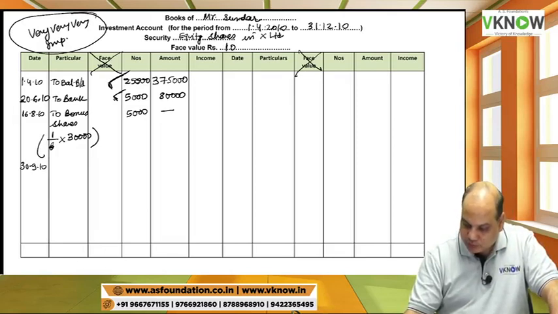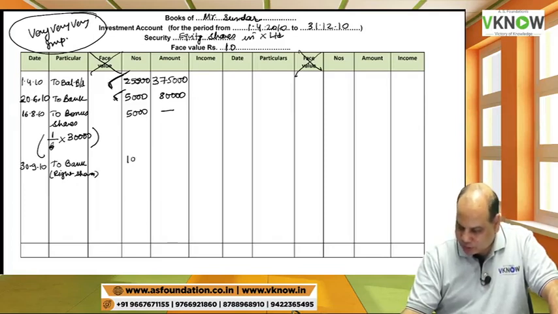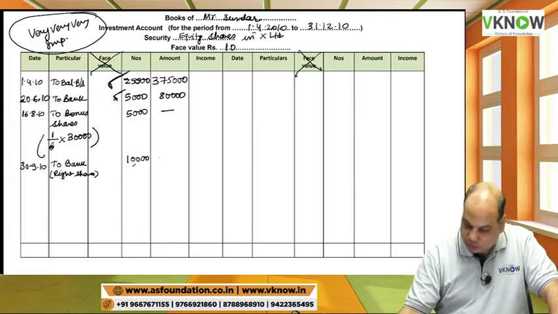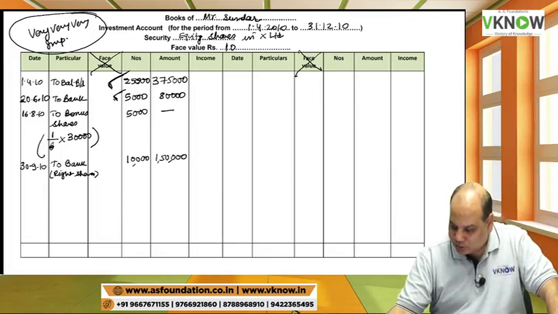So 30th September 10, to bank, in bracket right shares. 10,000 right shares were purchased and the amount is 10,000 into 15, 1,50,000. The amount is 1,50,000.